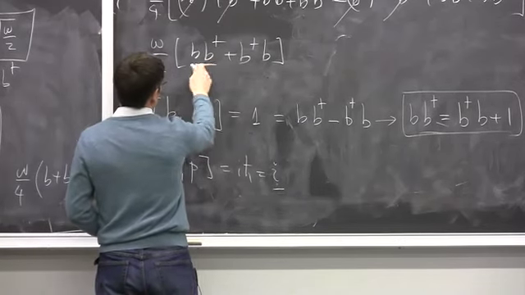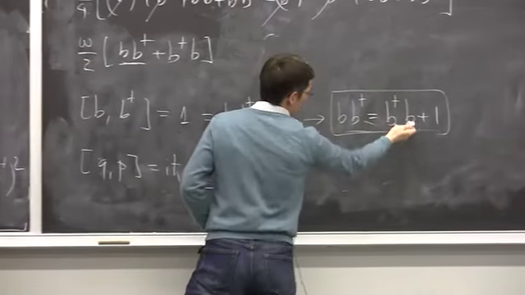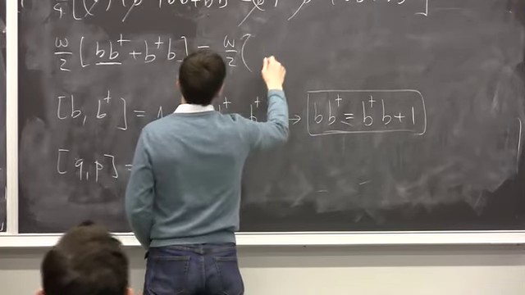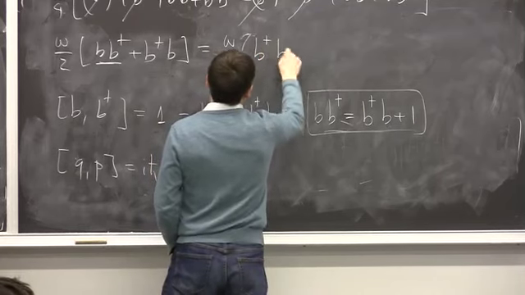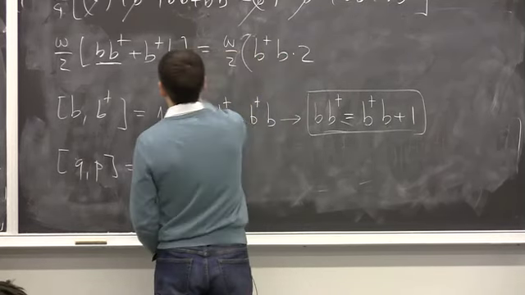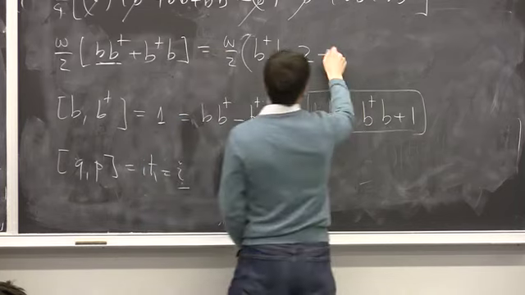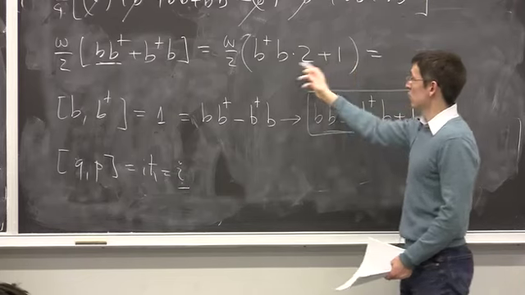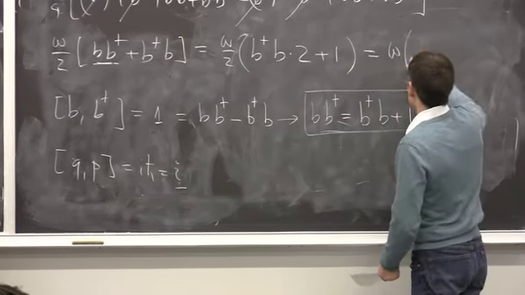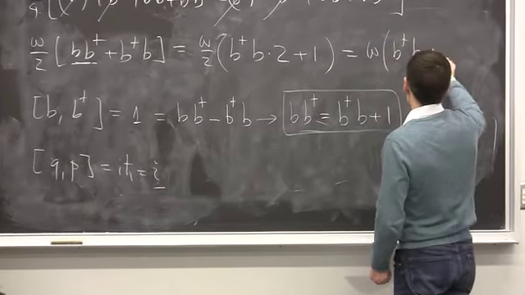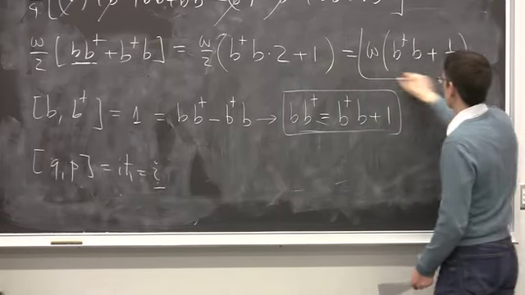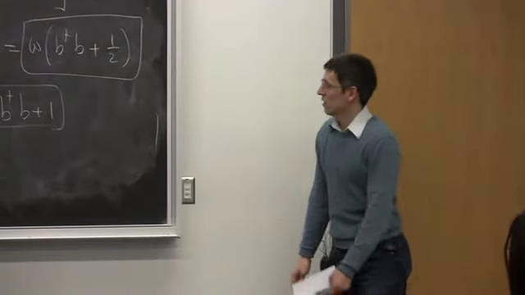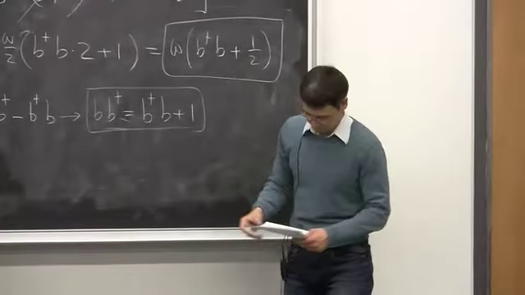And so we substitute b b dagger by b dagger b plus 1, and we get omega divided by 2 times b dagger b, now we have two of them, one here and one from this, plus 1, right? And if we divide everything by 2 inside the brackets, we will get the expression I promised you. Okay, so that's our Hamiltonian in raising and lowering operators.